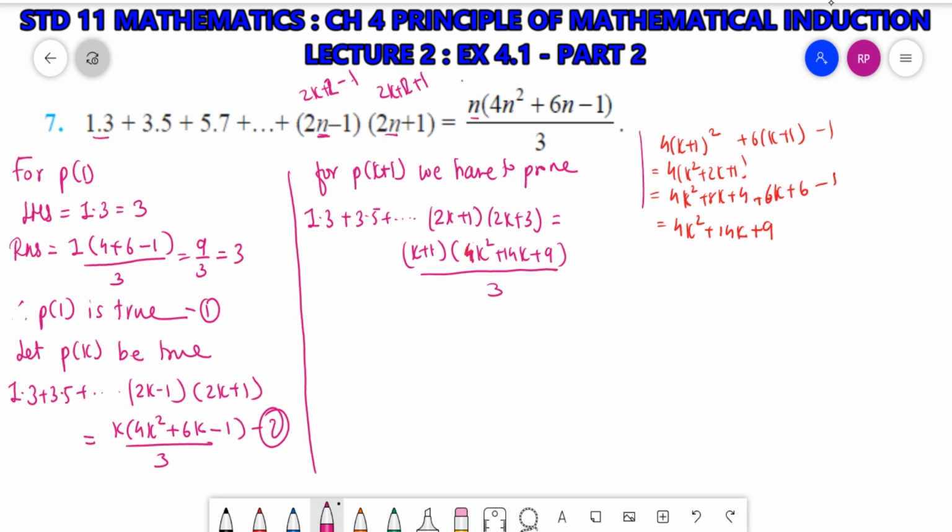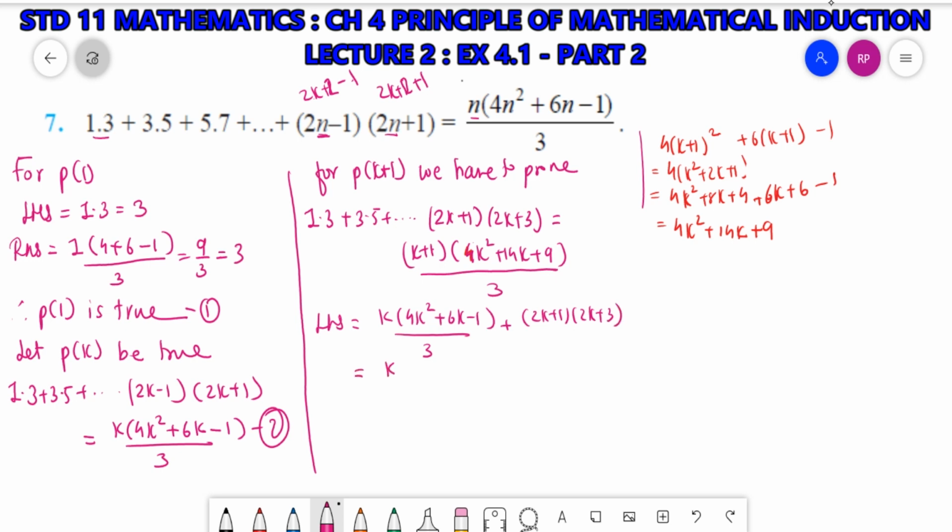Okay, so now LHS. We are using the shortcut, we'll use this k into 4k square plus 6k minus 1 upon 3 plus 2k plus 1, 2k plus 3.